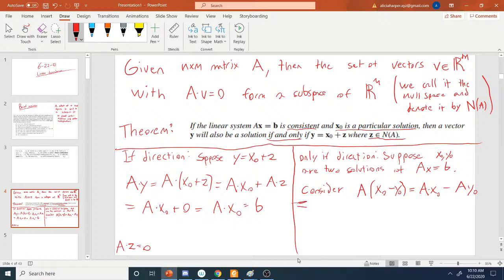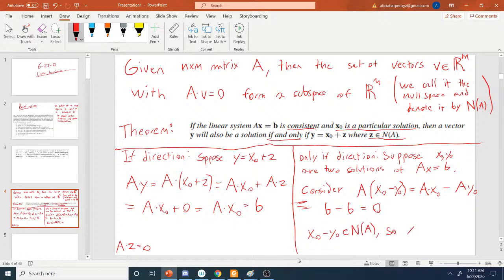And we know that both of these are going to be equal to b because we've assumed that they're solutions to this equation. So this is equal to b minus b. The two b's cancel, and we're left with 0, which means x naught minus y naught is an element of the null space of A.